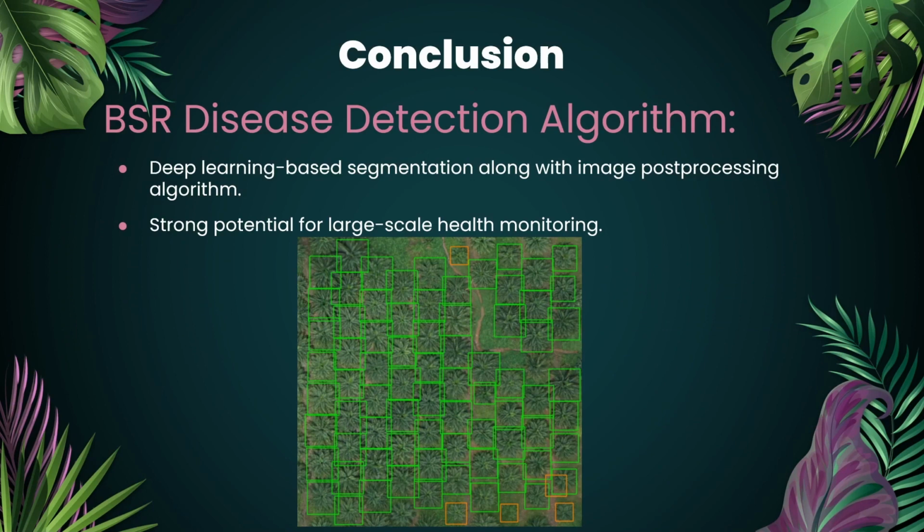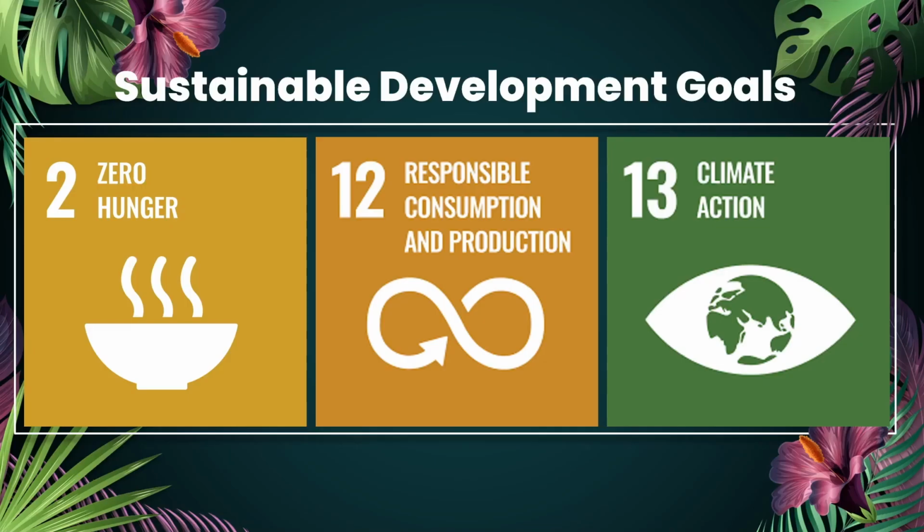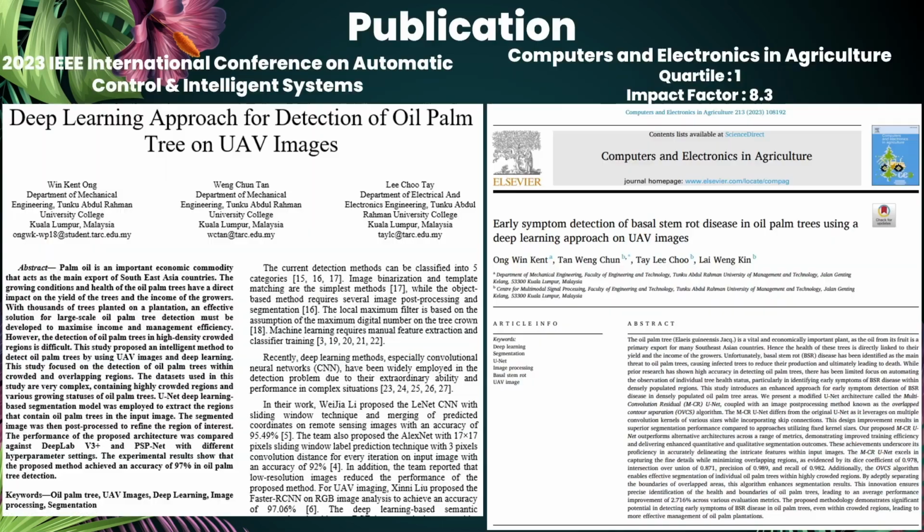In conclusion, we propose a very effective BSR disease detection algorithm, based on a deep learning based segmentation algorithm along with an image post-processing algorithm, and it shows very strong potential for large scale oil palm tree health monitoring. In this study we also fulfill SDG 2, zero hunger, 12 and also 13.